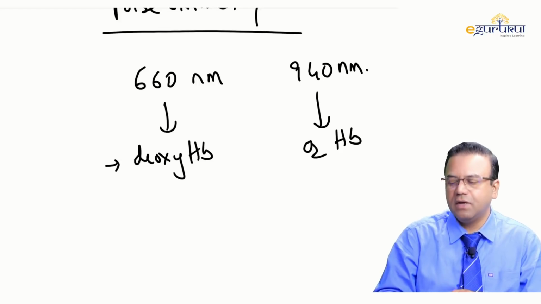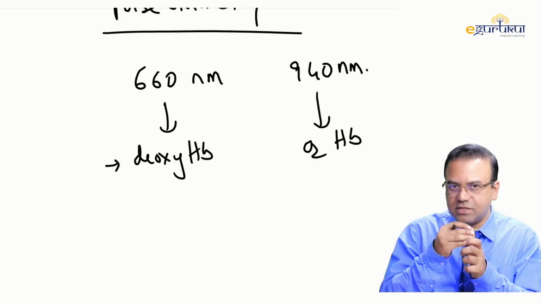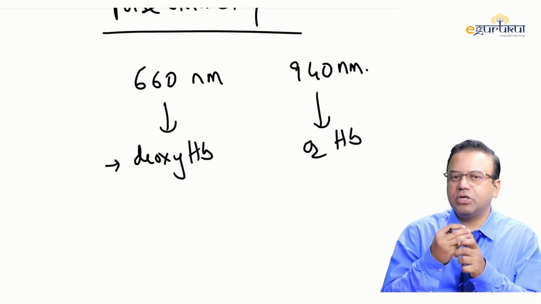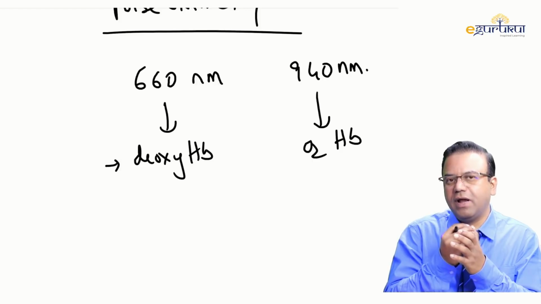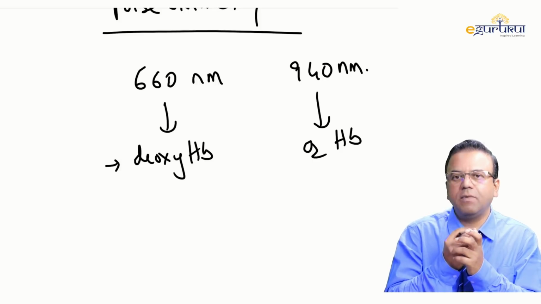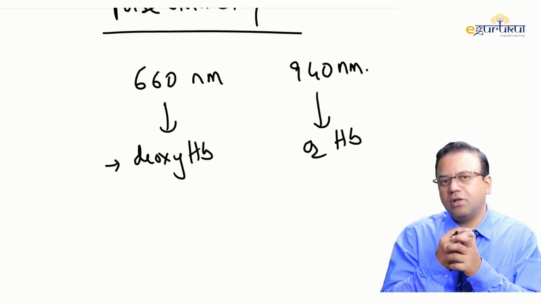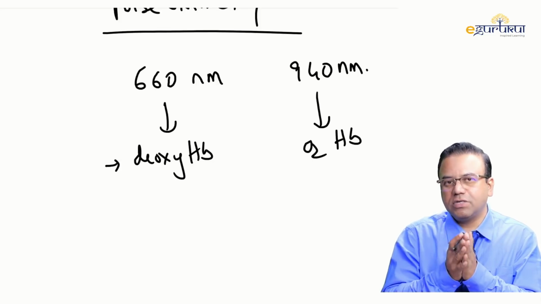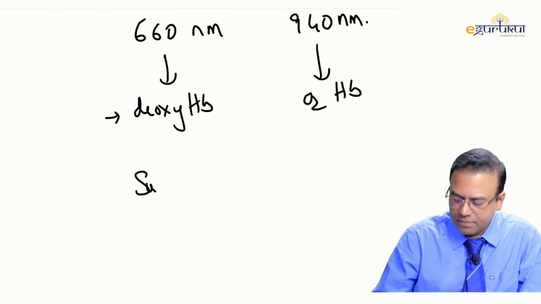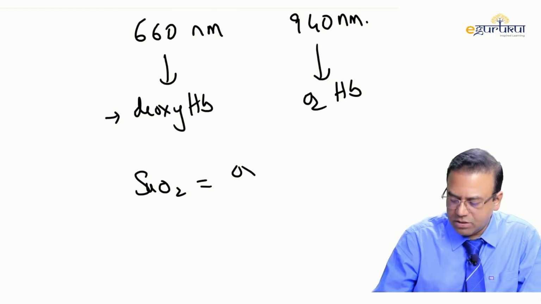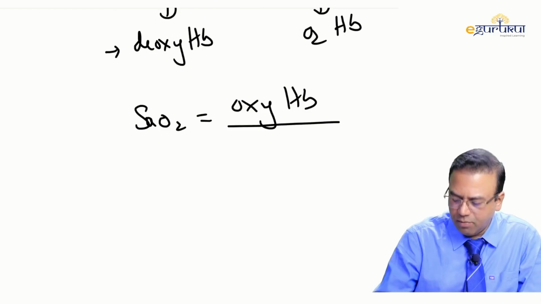What this means is that once the sensor is picking up the information as the wavelengths are firing, it is going to pick up how much light is passing through in the 660 and how much is passing through 940. Based on that, it's able to tell how much is the deoxyhemoglobin and how much is the oxyhemoglobin. The saturation is nothing but the oxyhemoglobin divided by the total hemoglobin.